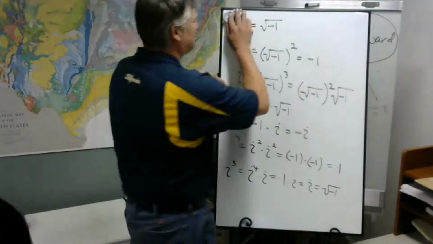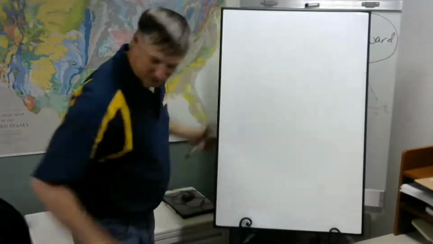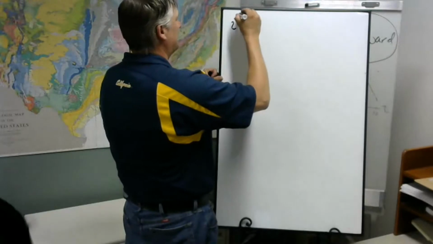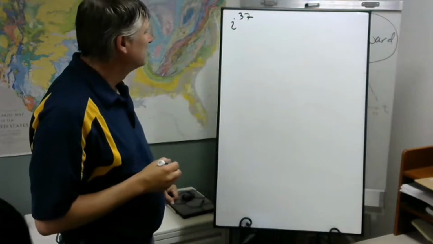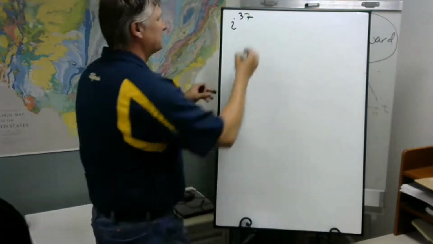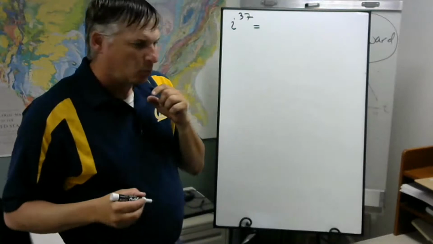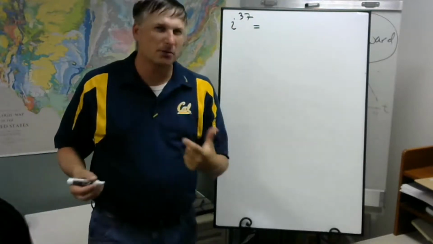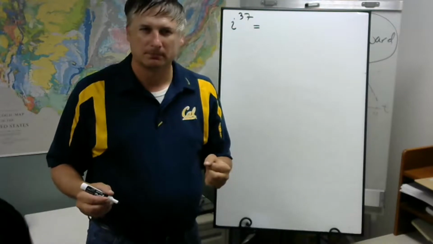Let me show you. So let's say we want to compute i to the 37. Well, think about our multiplication. What's the largest number that's smaller than 37 that's a multiple of 4?